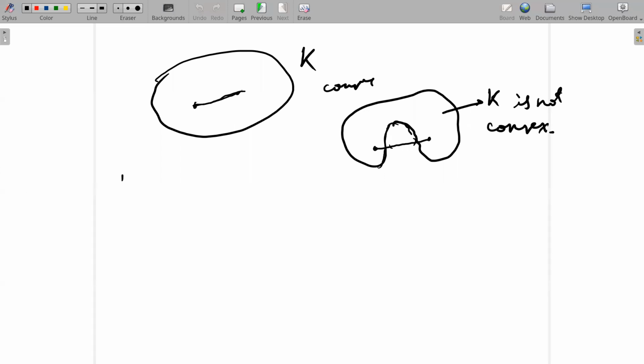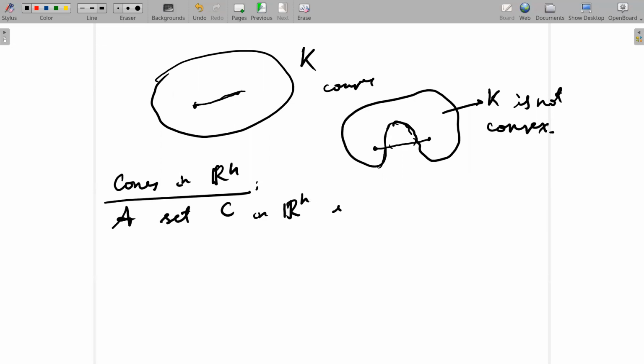So cones in Rn. A set C in Rn is said to be a cone, and it precisely, visually, means what you expect it to mean.